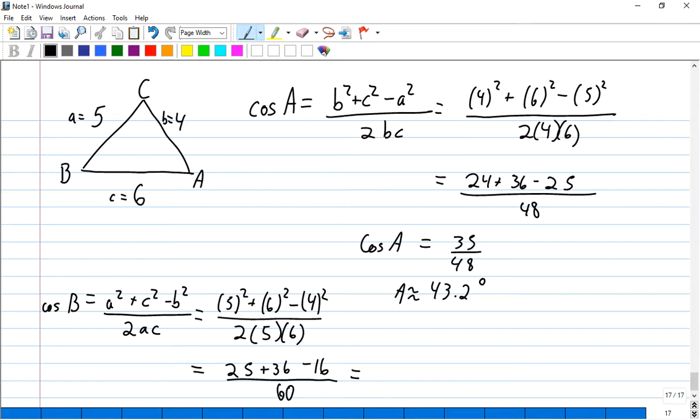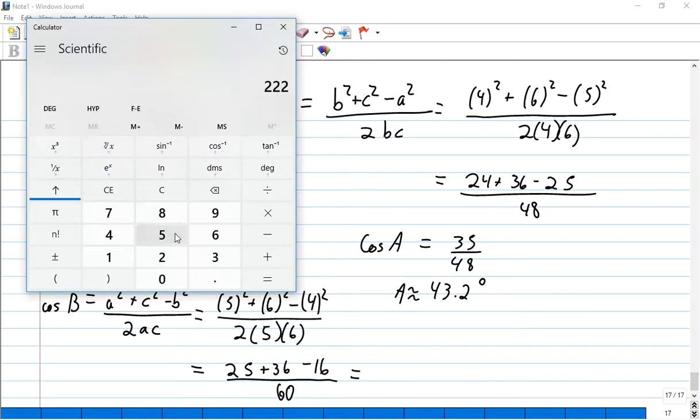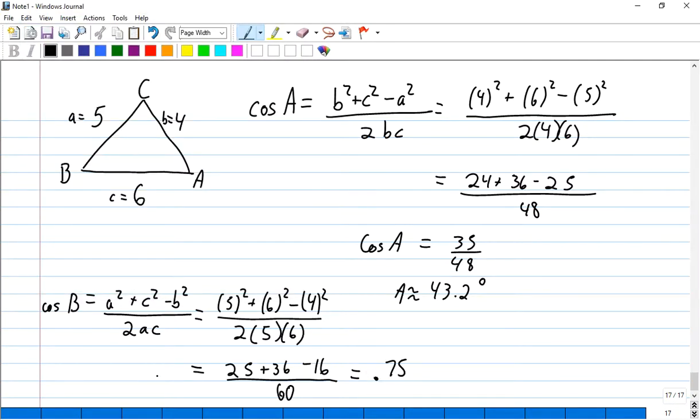Let me do it in the calculator, I don't want to mess up. Sorry about that, I'm flustered: 25 plus 36 equals, minus 16 equals, divided by 60, and I should get a decimal, 0.75. So that's the cosine of angle B.